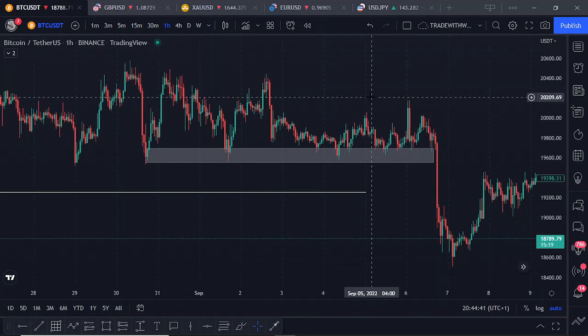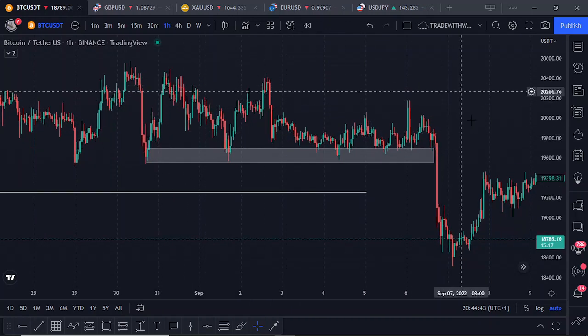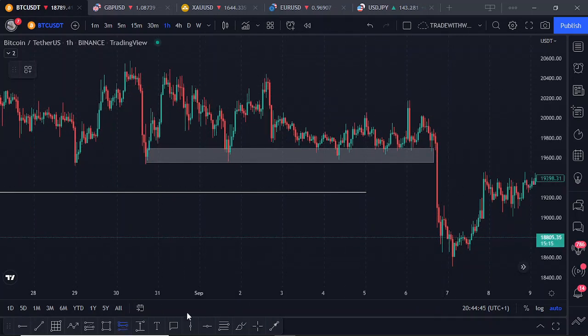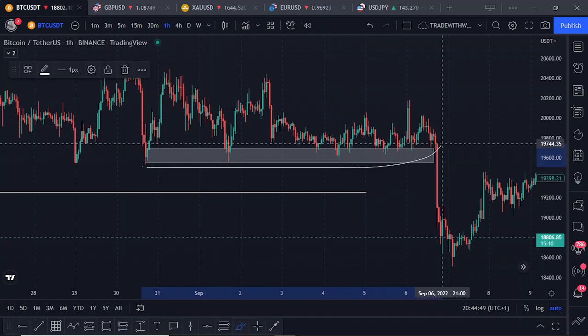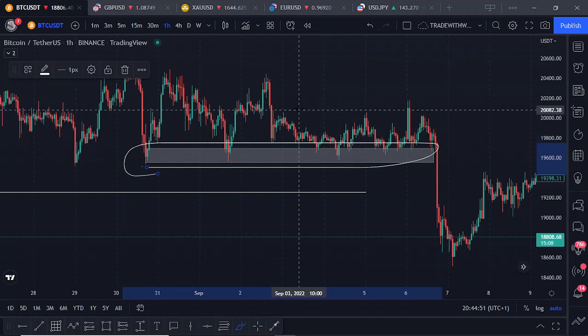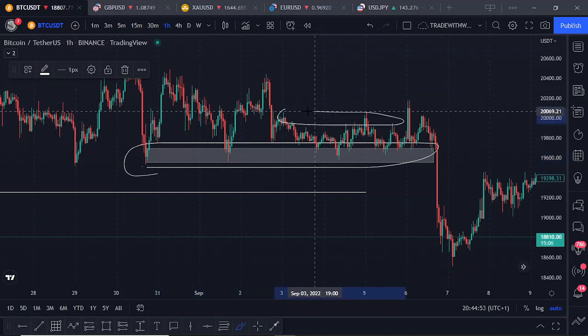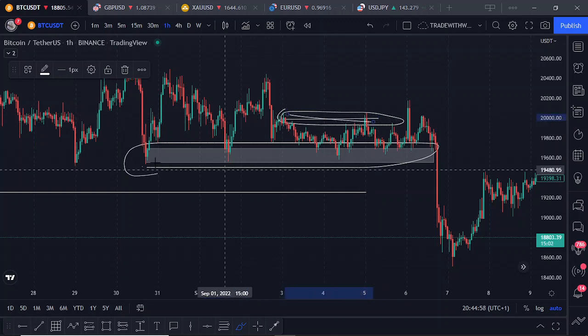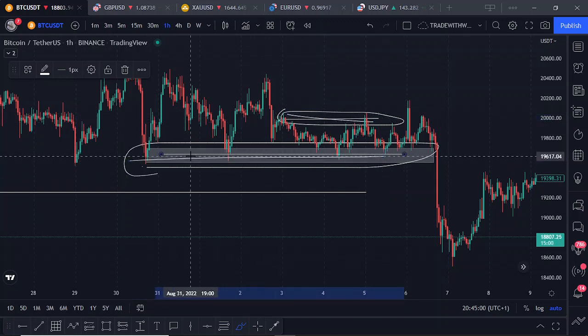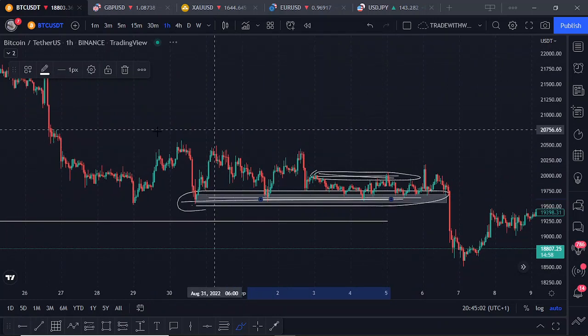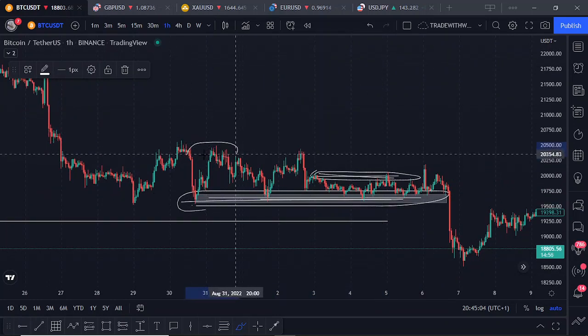Okay, so that is the difference between demand and supply and support and resistance. Now you can see this is a clean support zone, right? It's a support zone over there. Resistance, right? This is a resistance zone. But what's happening with support and resistance now? Support and resistance are zones that create liquidity, while demand and supply zones are zones that take out the liquidity.